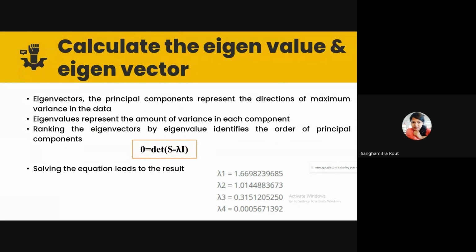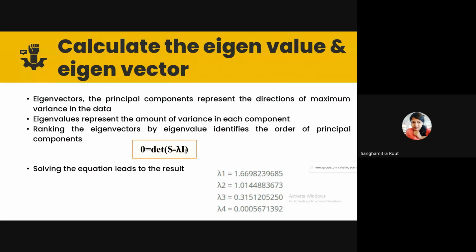To calculate the eigenvalues, we have this formula. It says 0 equals det(S minus lambda I), the determinant of the covariance matrix expression, where S represents the covariance matrix you calculated in the previous slide, lambda is your eigenvalue, and I is the identity matrix.